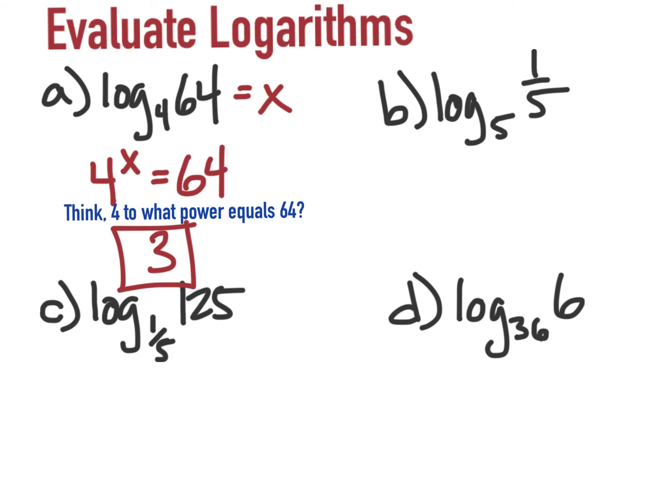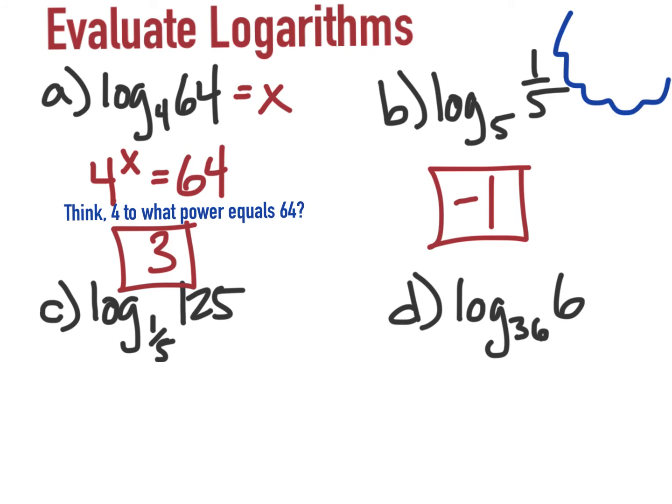Let's do it again. 5 to what power is a fifth? Well, that must be 5 to the negative first power, because 5 to the negative first power is a fifth.